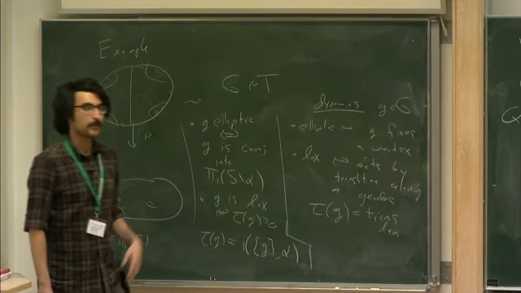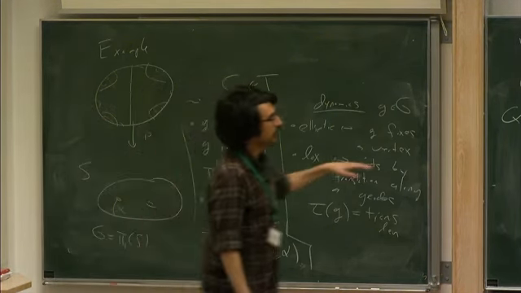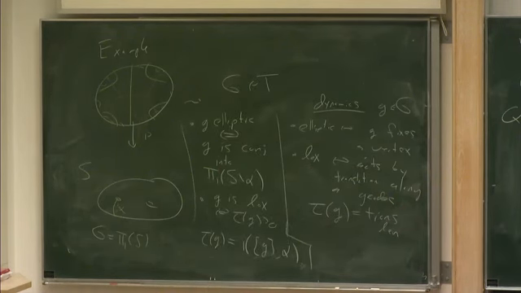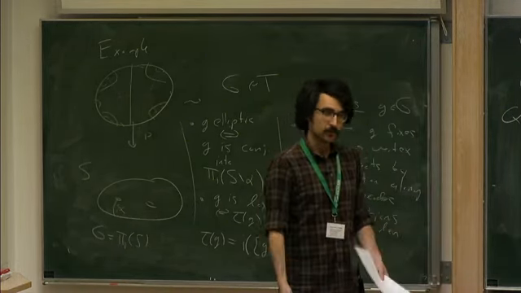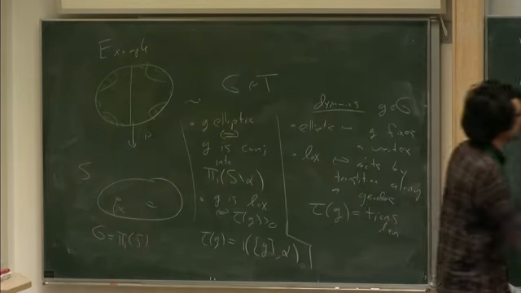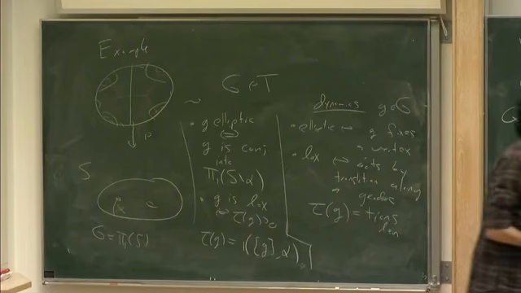Of course, before I answer the question, I need to tell you what I meant by it. So here's an example of what I mean by dynamical behavior. In this case, when I have an action on a tree, I mean, is my element elliptic, or is it loxodromic? What I want to do next is tell you what I mean by typical.